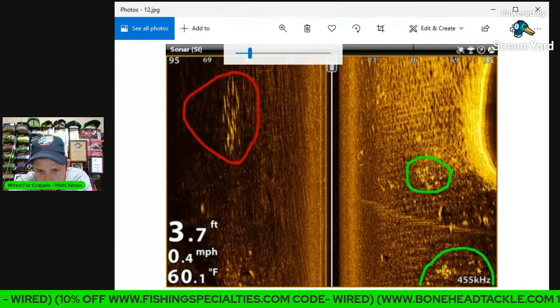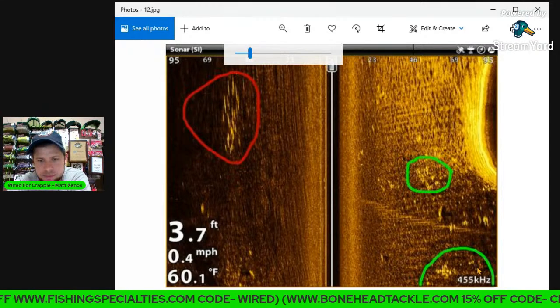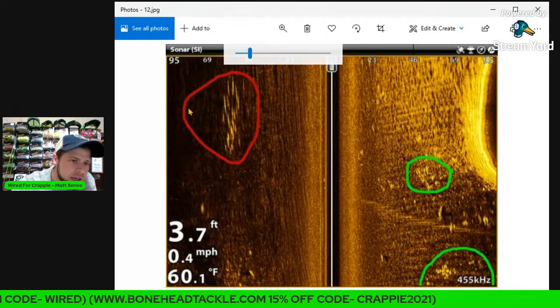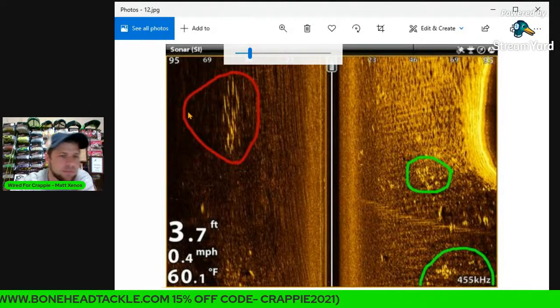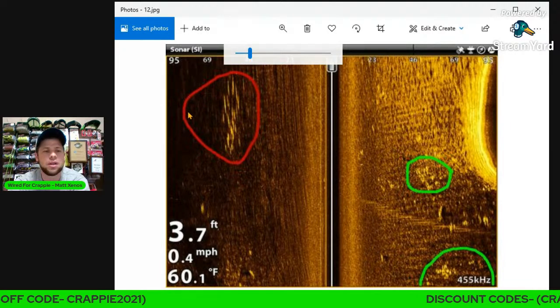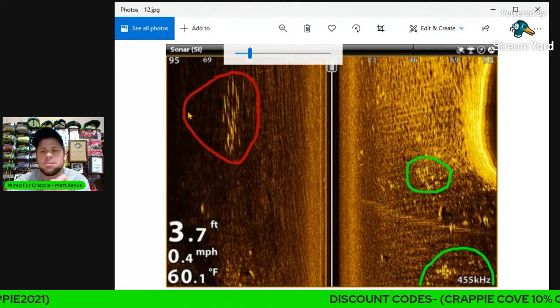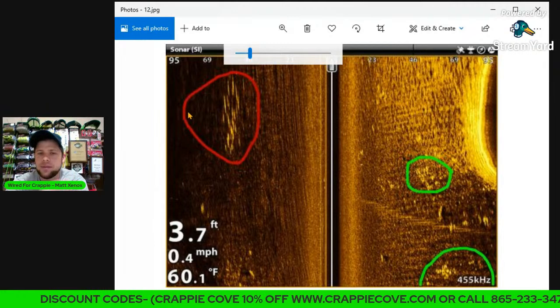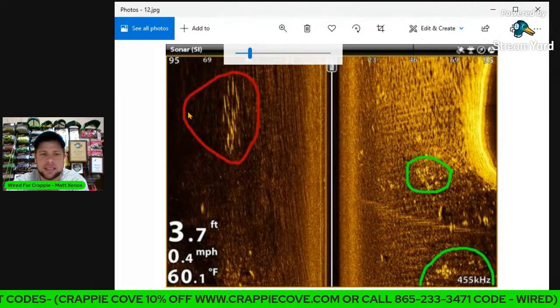The shadows over here are actually right in here, on my cursor. So you lose a lot of the shadows on a palette that has a lot of black to it. If you're trying to find those crappie suspended and you're looking for those shadows, you need to pick a palette that doesn't have a lot of black in it, guys, okay?